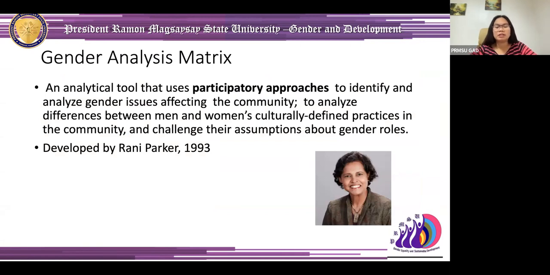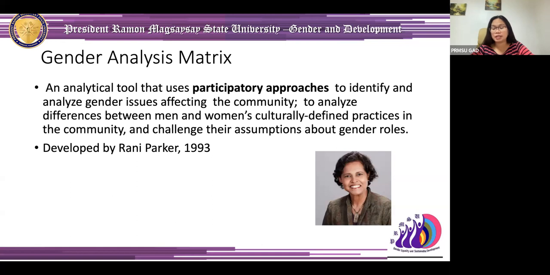Now, we wanted to have a gender responsive program, pero ano yung practical tips on how we can really communicate with our community and really address their concerns and issues when it comes to gender and development. So what I will share with you is the use of gender analysis matrix. This is an analytical tool that uses participatory approaches.